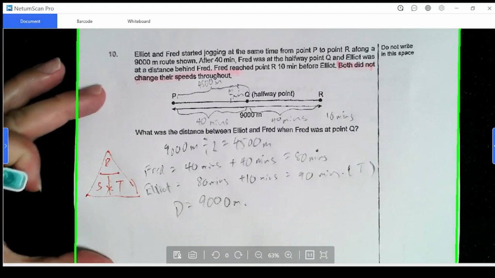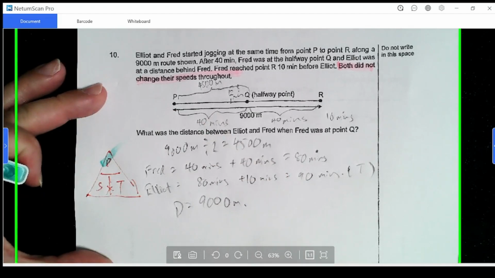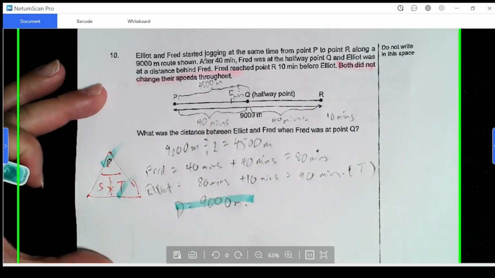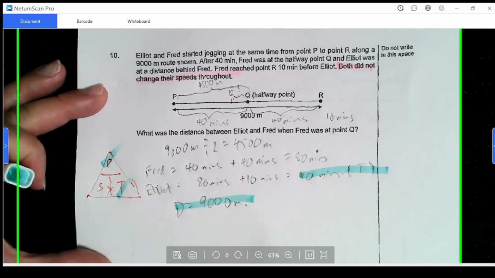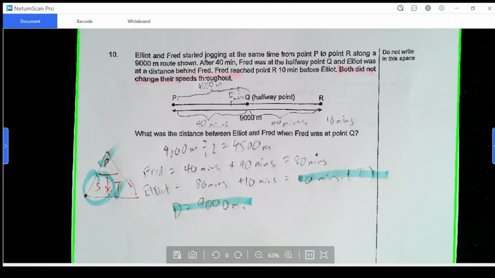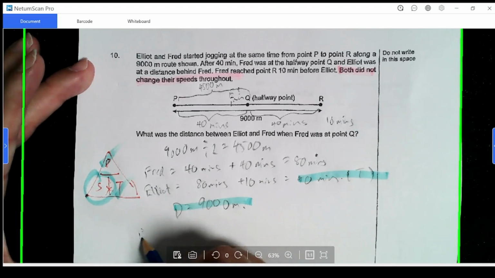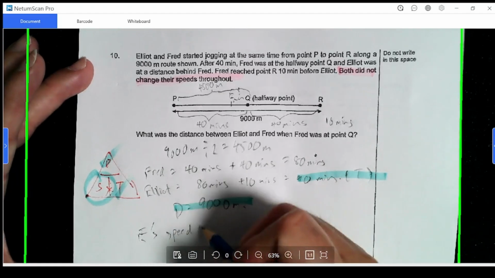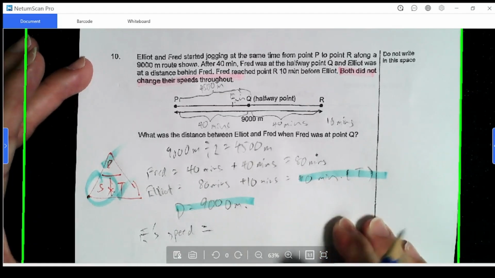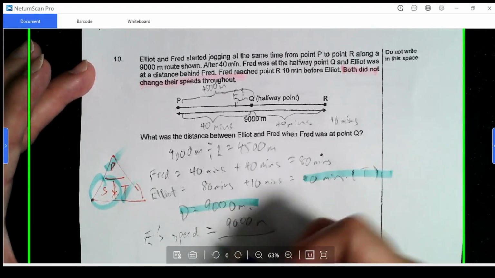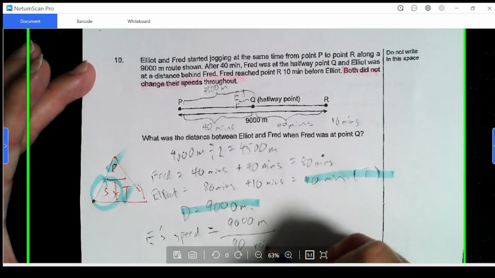So, in this case, for Elliot, you have Elliot's distance, which is this. You have Elliot's time, which is this. Can you find the speed? You can. Elliot's speed is 9,000 meters divided by 90 minutes.